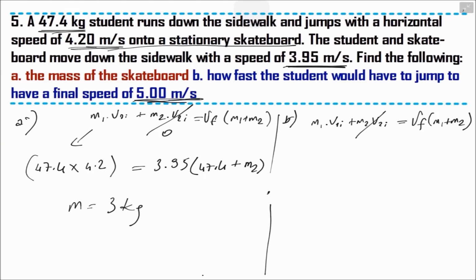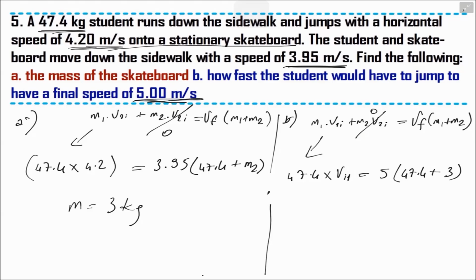And again, the skateboard is initially at rest, so this will be 0. And m1 is 47.4 times v1 initial, which is unknown, it's asking v1 initial, that's equal to v final, which will be 5, times m1 is 47.4 plus m2 is 3.